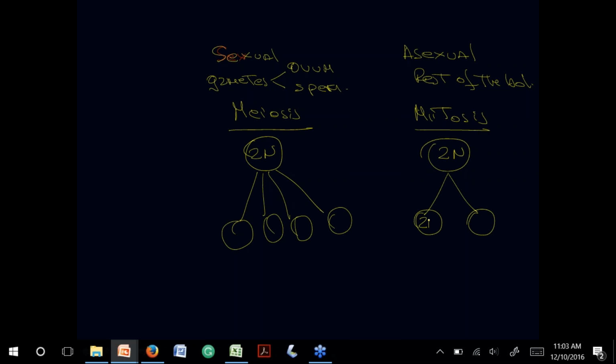Here we have 2N chromosomes, and here N chromosomes. These 2N are going to be called diploid. And this N, half, is going to be haploid. And this comes from a diploid cell, right? But the result is going to be haploid cells.